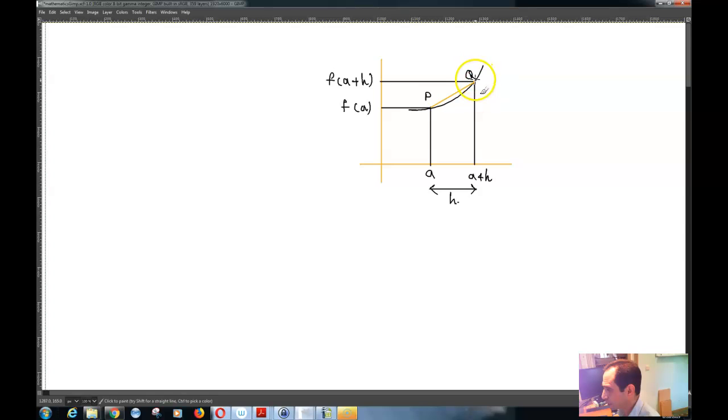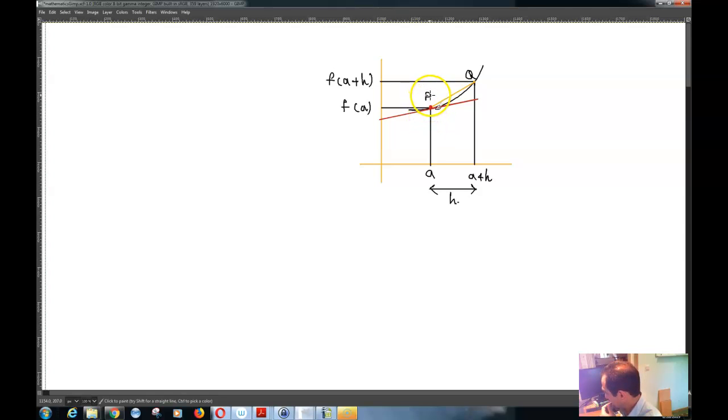And then as we moved Q towards P, the slope of this line changed until finally we got to some line whose slope was something like this, touching the graph of the function at this point P.